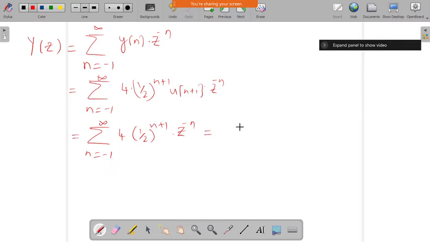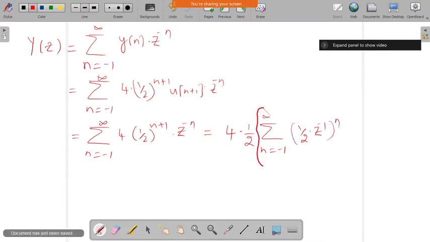Here we can take 4 common outside, and taking half power plus 1 outside as well, we get summation n equal to minus 1 to infinity of 1 by 2 into z inverse whole power n.